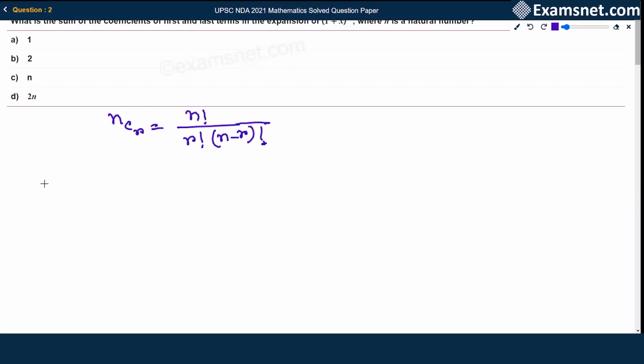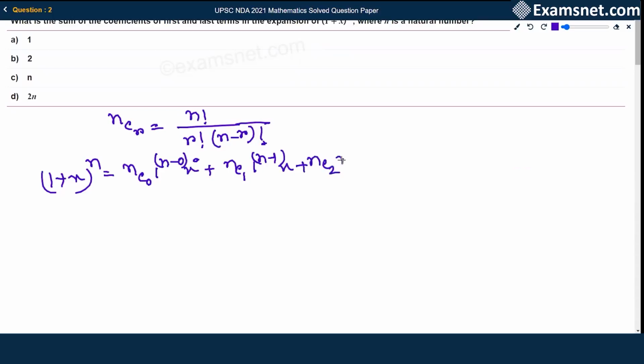Next, one more is (1 + x) whole to the power n. The expansion is nC0 1^(n-0) x^0 + nC1 1^(n-1) x^1 + nC2 x square 1^(n-2) + ... + up to nCn 1^(n-n) x^n.